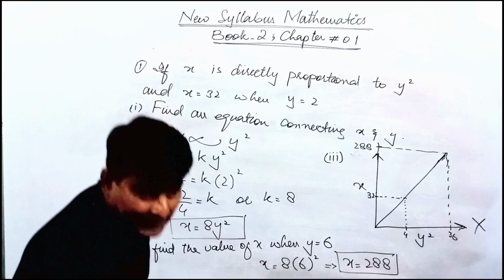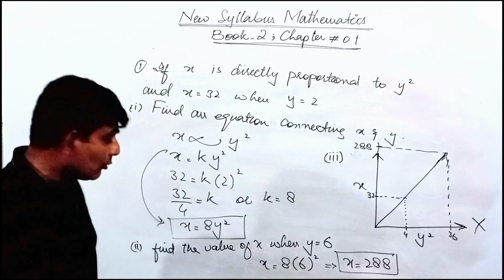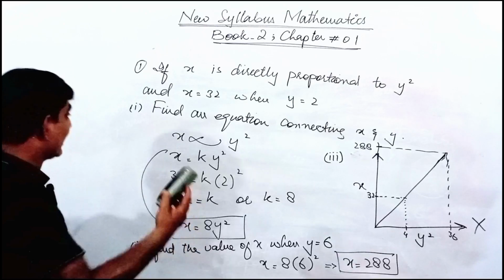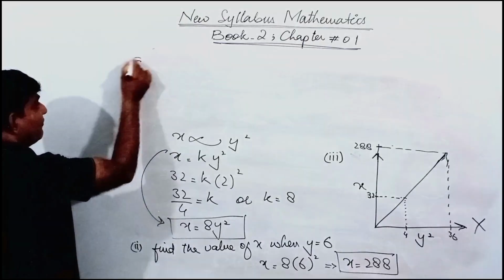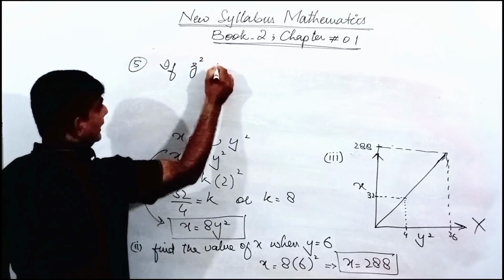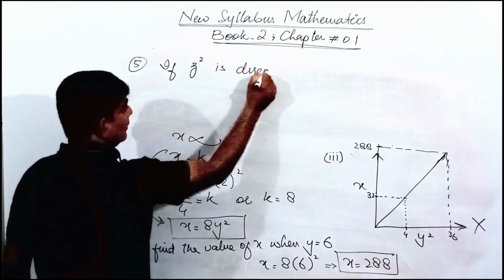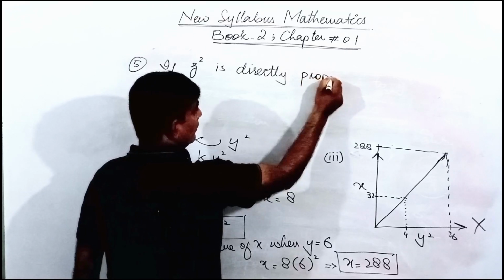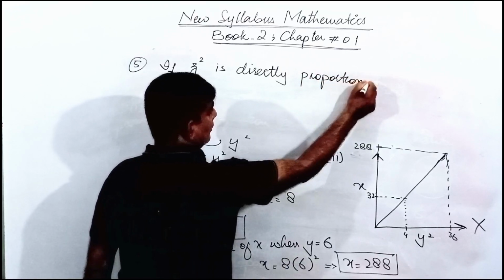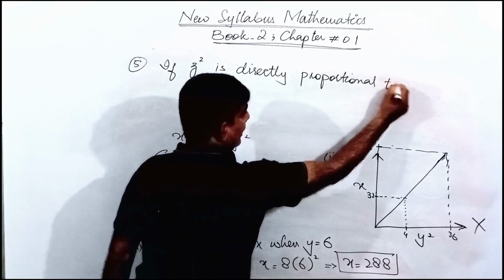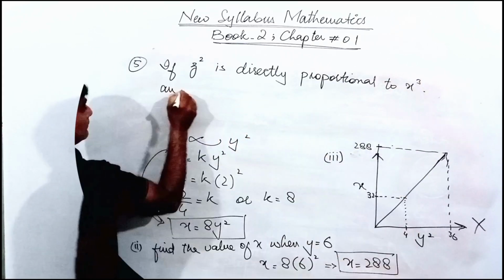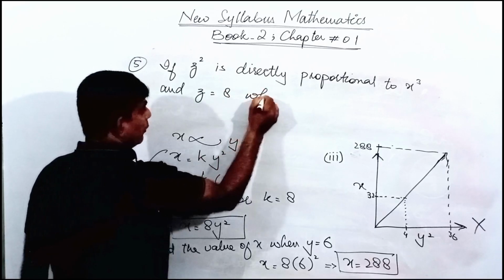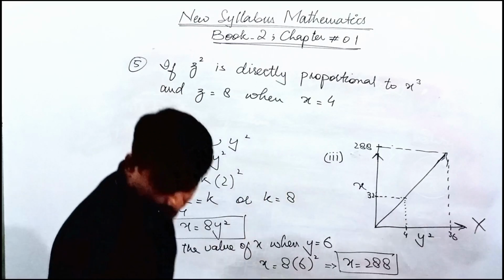Okay, now we consider another question just to find out the direct value without making this type of relation. This is question number 5. z square is directly proportional to x cube, and z equal to 8 when x equal to 4.